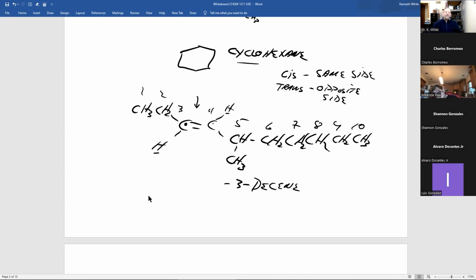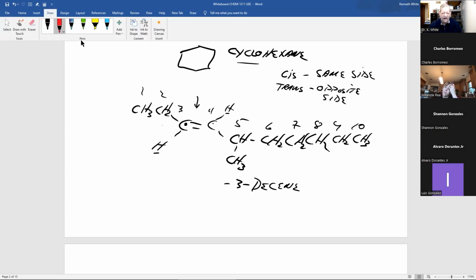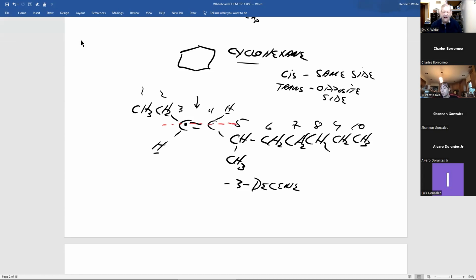And if these atoms, in this case hydrogen, are on the same side of a plane orthogonal, this dotted line, you can put your pencil down or whatever on your finger, then it's cis. If it's on the opposite sides of that plane, it's trans.